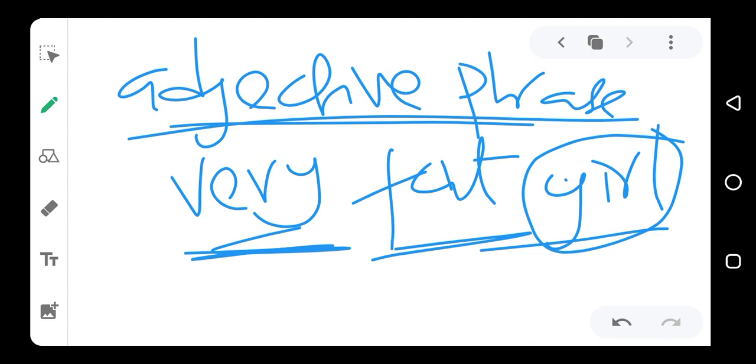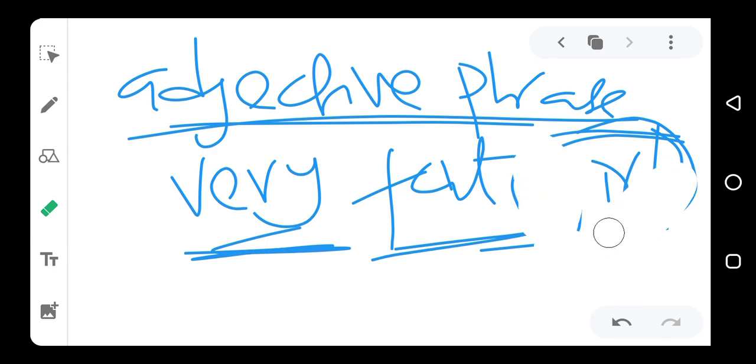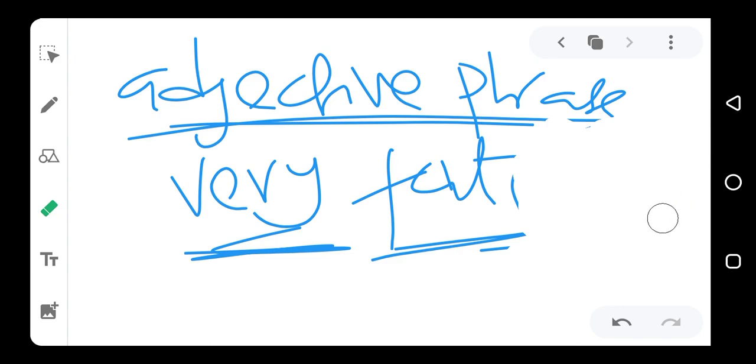And because a noun has become the main word in this cluster, it has become a noun phrase. So in adjective phrase, we should not put a noun after it. Very fat, very slim, so short.